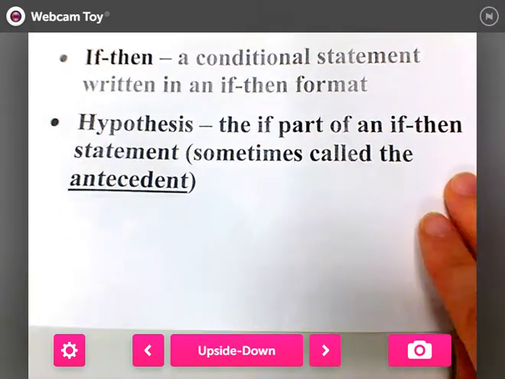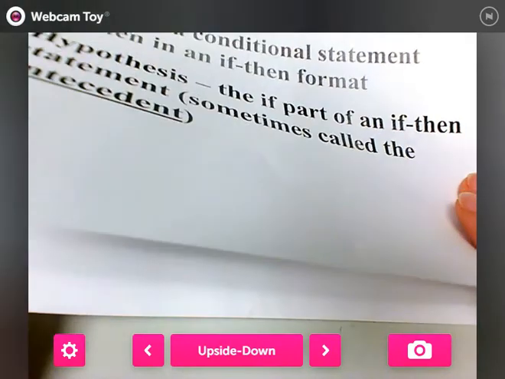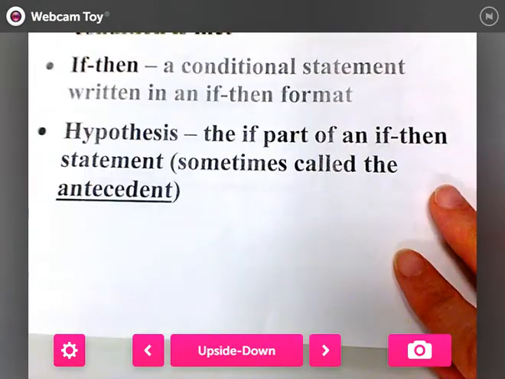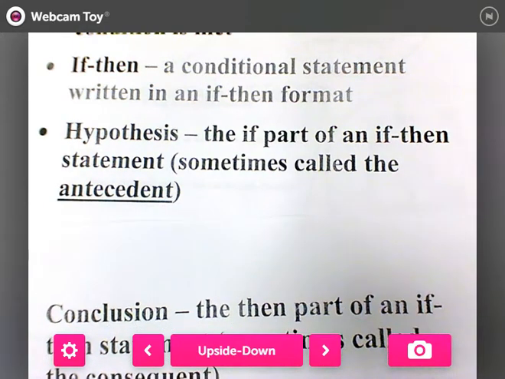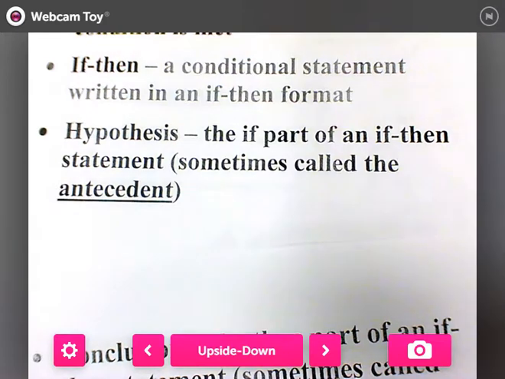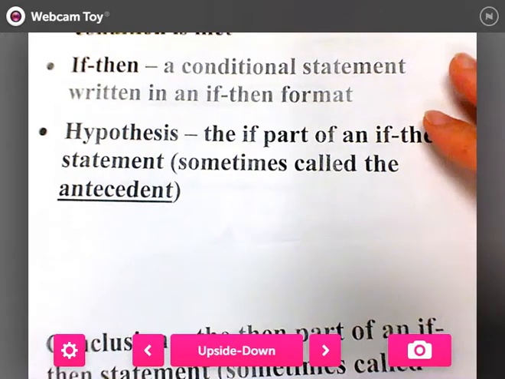Slow down a teeny bit. Okay, I'm going to move up the if-then a little bit, all right?